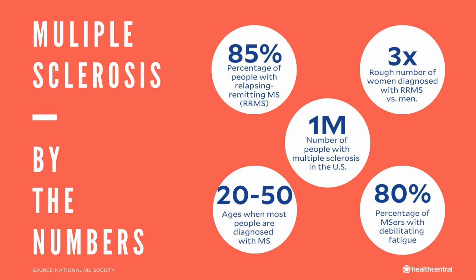There are over 1 million people with MS in this country, and they're typically diagnosed between the ages of 20 and 50, so in their most productive period of life. And about 80% of them have debilitating fatigue. So that's another thing that nurses can help support them in. And that's it for MS for now.